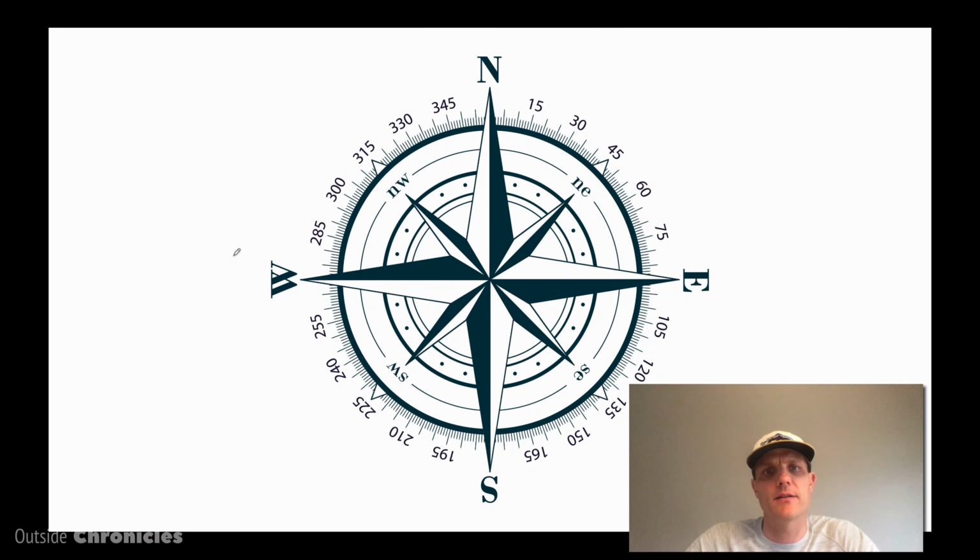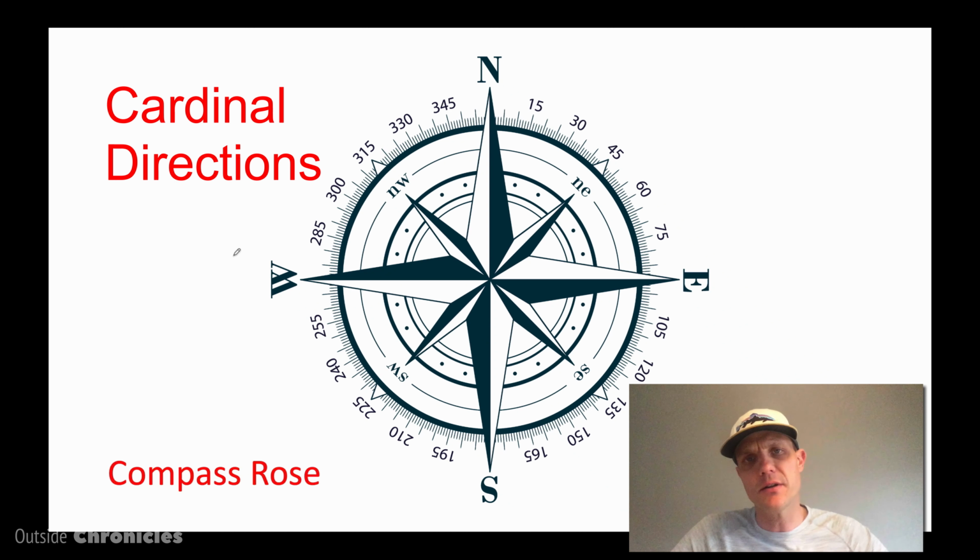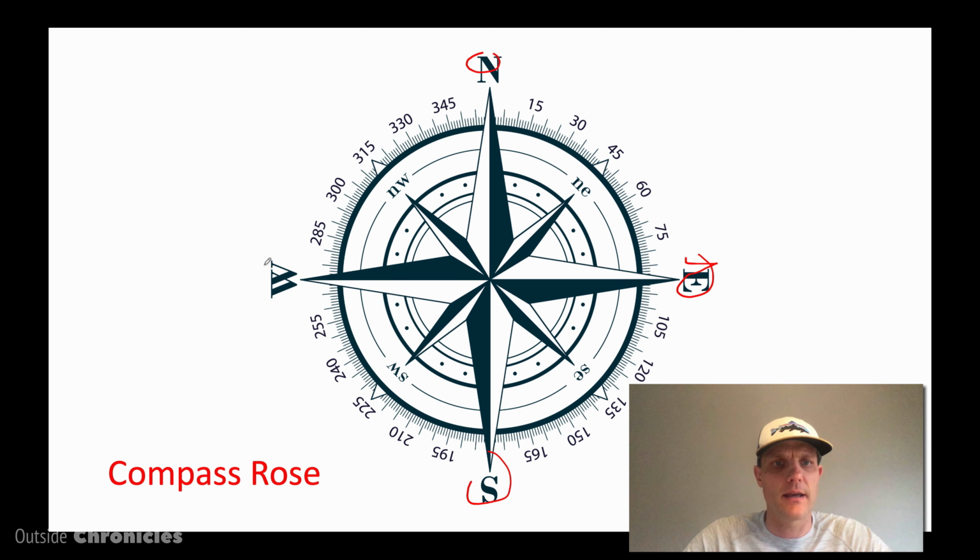So what we have here is what's called the compass rose. And you're probably familiar with the cardinal directions: north, south, east, and west. And I like to remember how to orient the compass based on the word we, because then we always know that north is up and south is down.